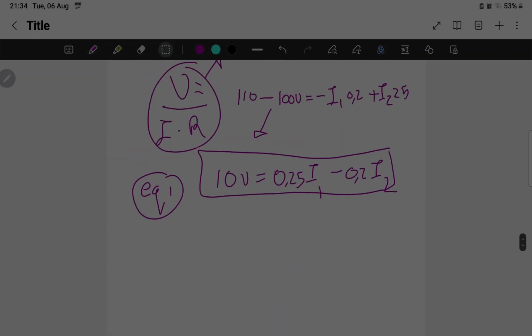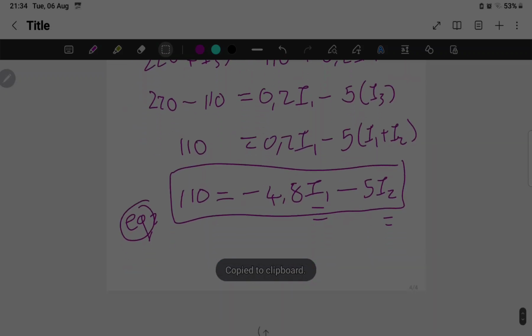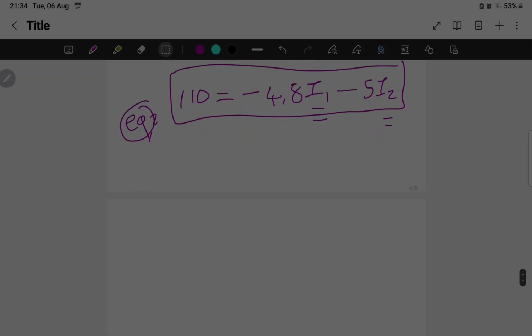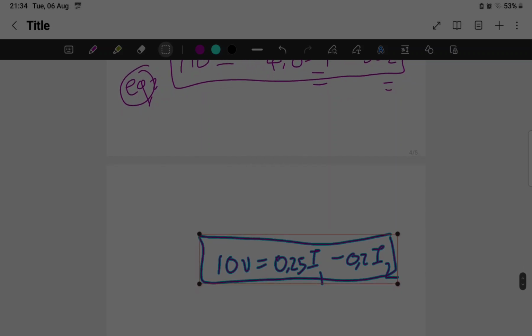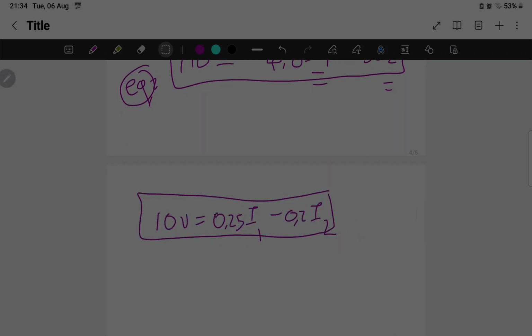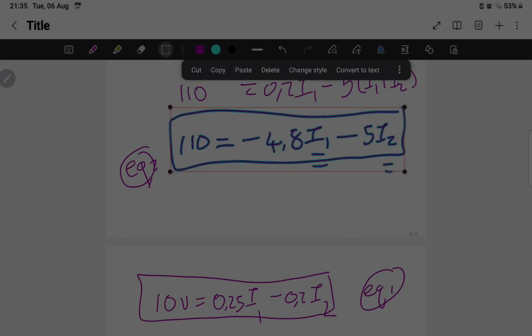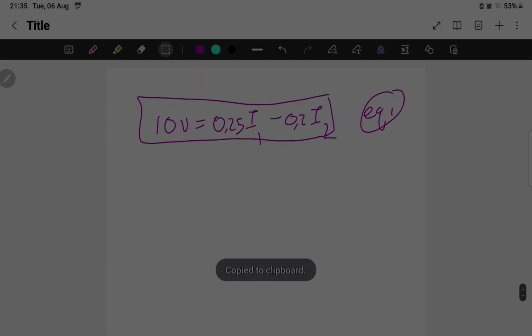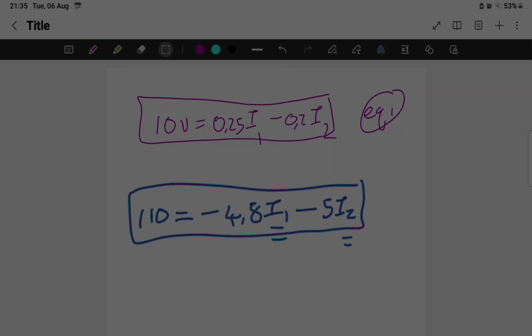So let's copy this and solve. Paste. That's our first equation, equation number 1, and this is our equation number 2. Copy, paste.